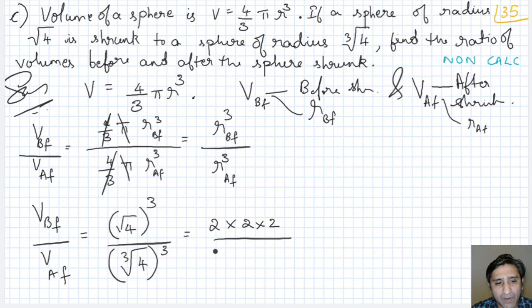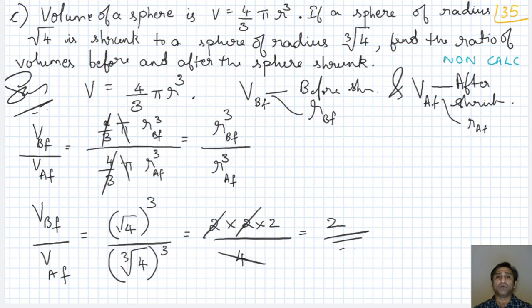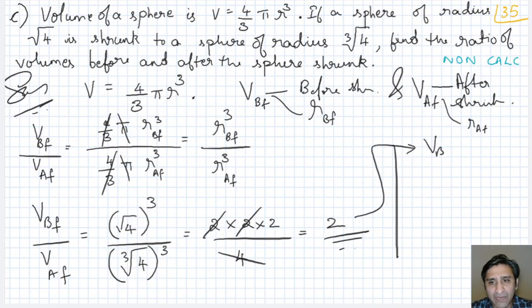So 2 and 4 go away, and you're left with 2. So the volume before shrinking is 2 times the volume after shrinking. From this, V_BF divided by V_AF is 2. Therefore V_BF is 2 V_AF.